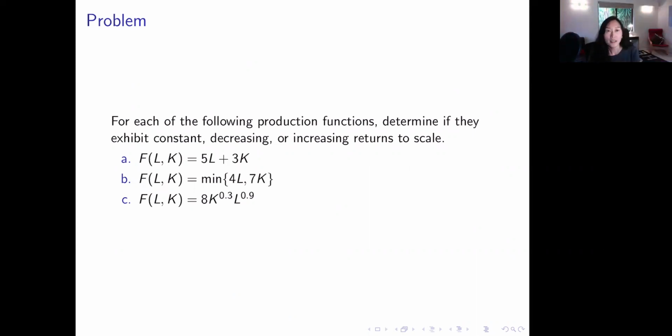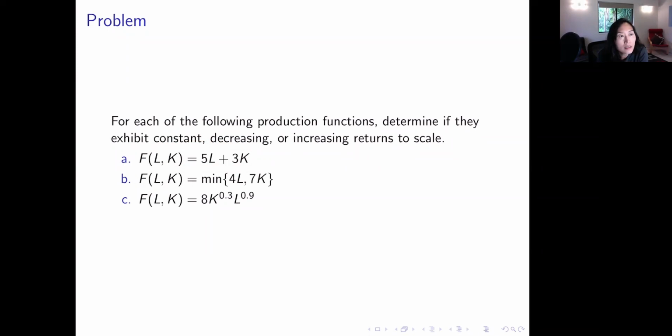All right, did you guys finish all 3, A, B, C? So for A, is it increasing, decreasing, or constant return to scale? For A, constant. Everyone get constant? Yeah. What about C? I'm going to skip B. Is it constant as well?